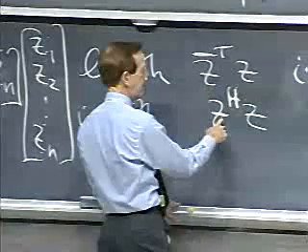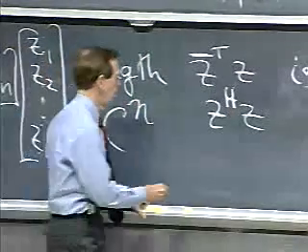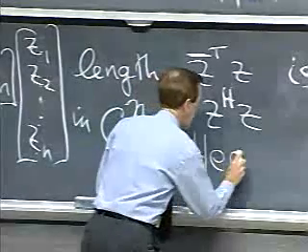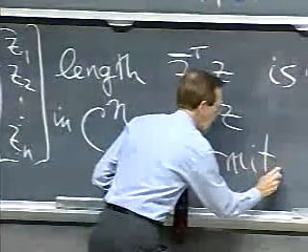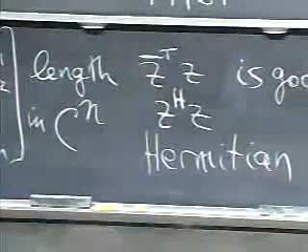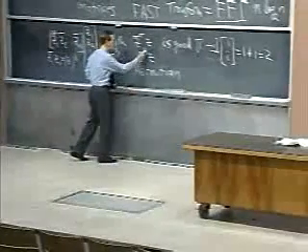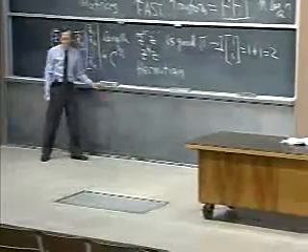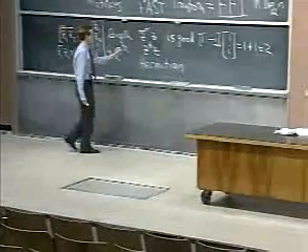So I would call that Z Hermitian Z. Now let me write that word. His name was Hermite, and then we make it into an adjective, Hermitian. So Z Hermitian Z, ZHZ. Okay.